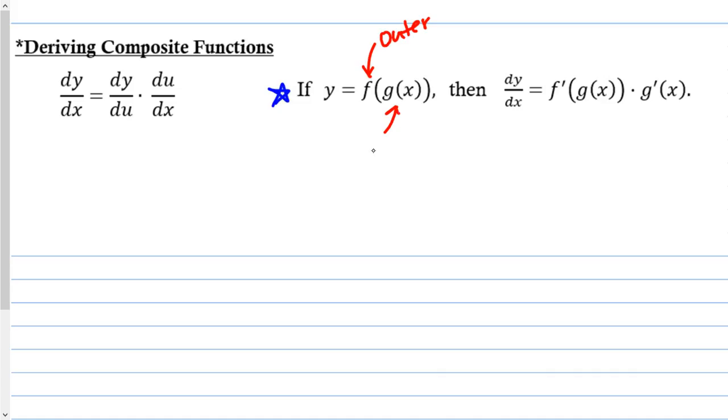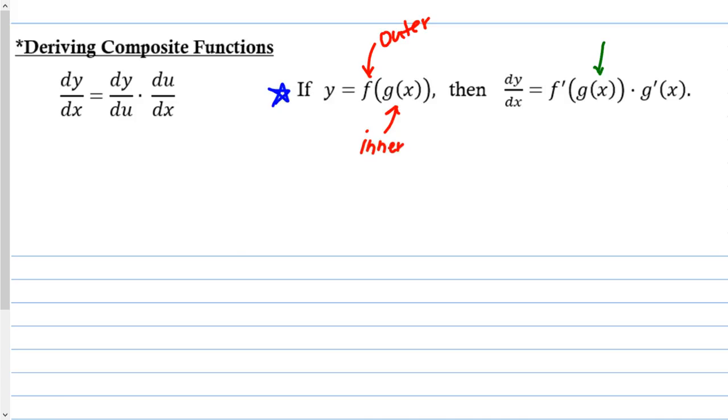G is the inner function. And we multiply them. However, if you notice, when you derive the outer function, the inner function is still inside of it, and it remains as such.